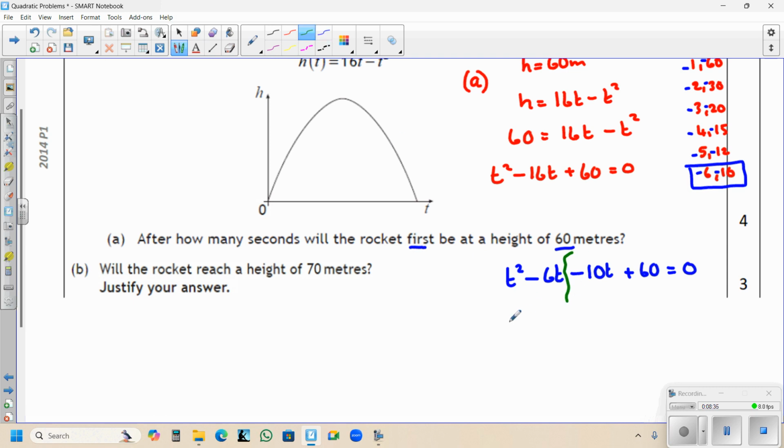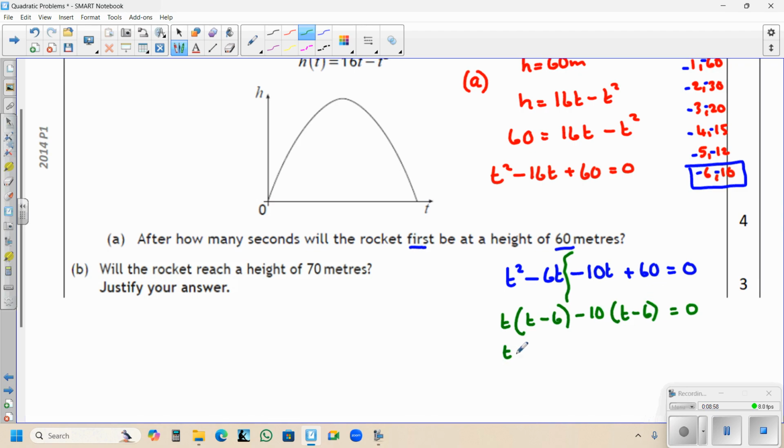What's my highest common factor there? It's t, so it's t bracket t minus 6. Now I know the bracket's got to be t minus 6. So I'm going to compare t and negative 10t. So it must be minus 10 that comes out there. Now just check it. Negative 10 times t is negative 10t, negative 10 times negative 6 is plus 60, so I know that I'm okay.